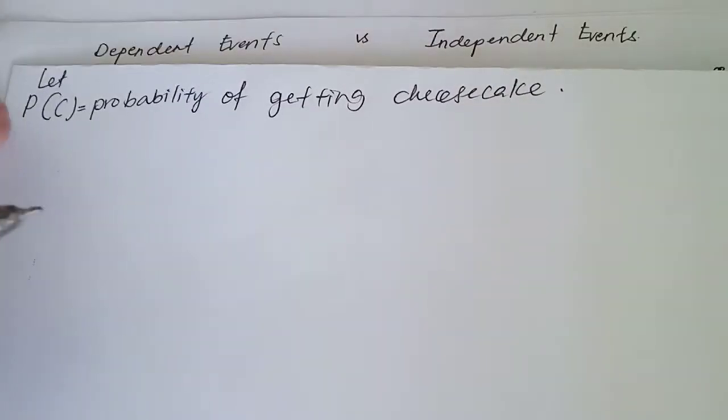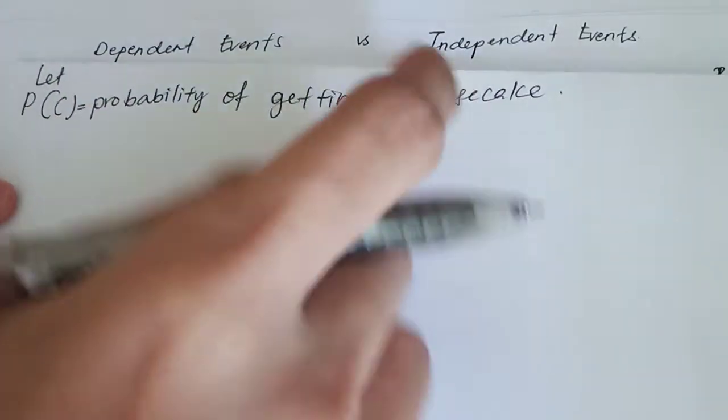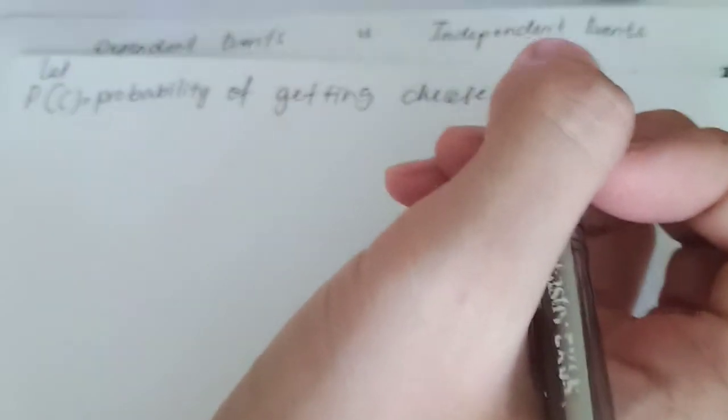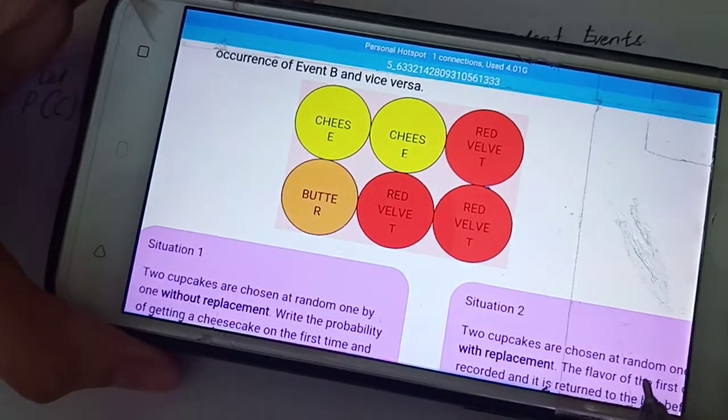Let PC equal the probability of getting a cheesecake. I have 2 cheesecakes here, right?